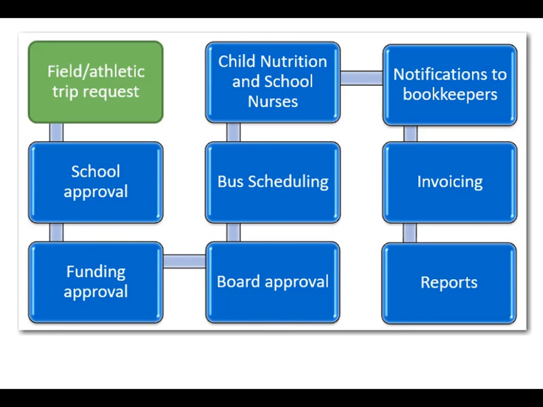There may be funding approval, and we'll talk about that: there can be designated individuals who are responsible for approving the trip request if a certain funding source is going to be used. We can include board approval for certain trips. Maybe if your district requires the board to approve overnight trips, then we can set that up so that a board person is involved in the flow of approval.